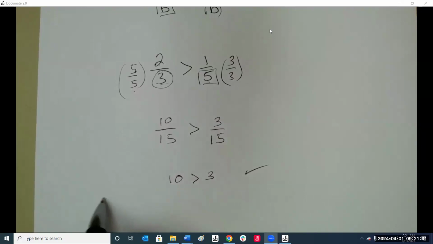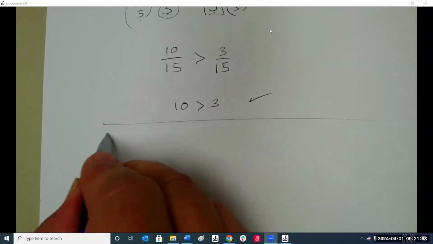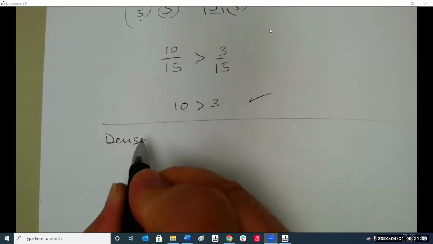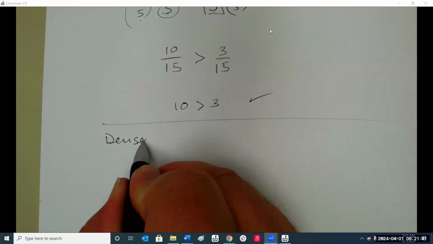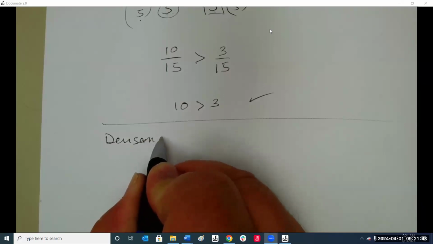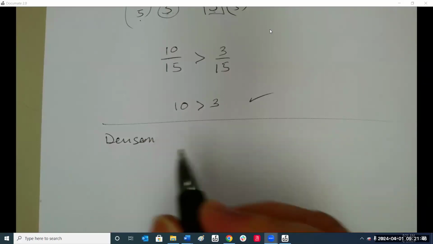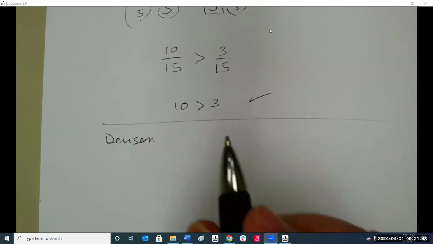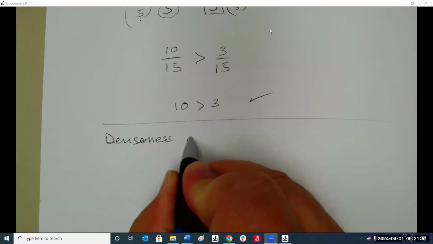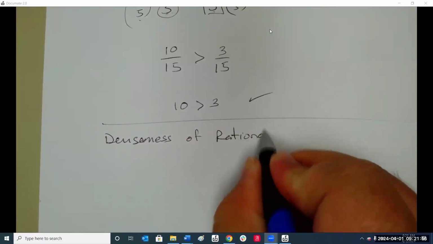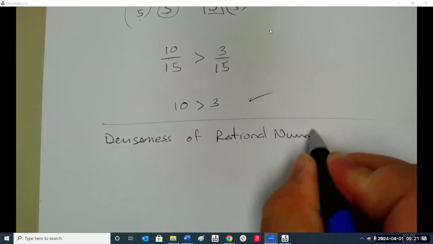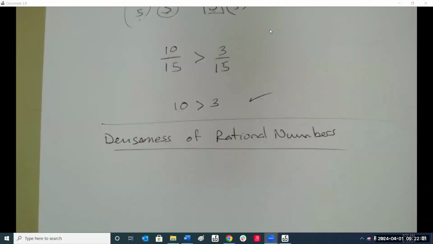Oh, yes, there's another one. Denseness. Yes. The density.